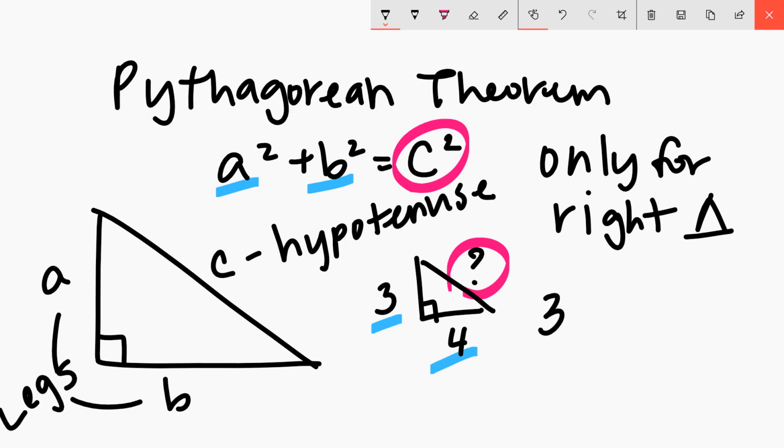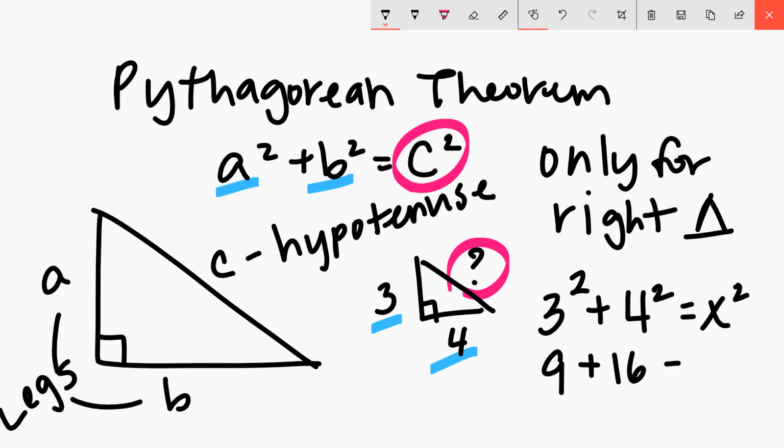So I've got 3 squared plus 4 squared, because those are my legs, equals, we'll say, x squared, because that's something I want to find. I know that 3 squared is 9, 4 squared is 16, and still unsure about this x squared. We can't do anything with it, okay? Add those together, combining like terms, I've got 25 is x squared.